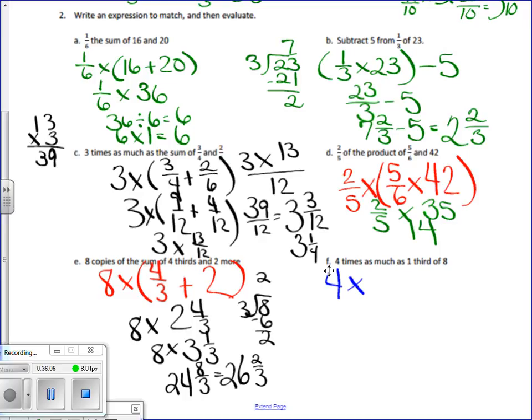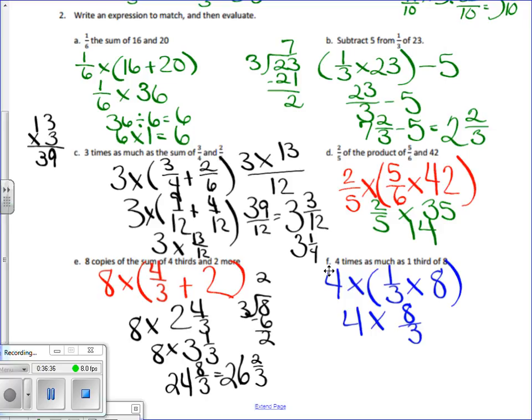Four times as much as 1/3 of 8. That is 8/3, 4 times.